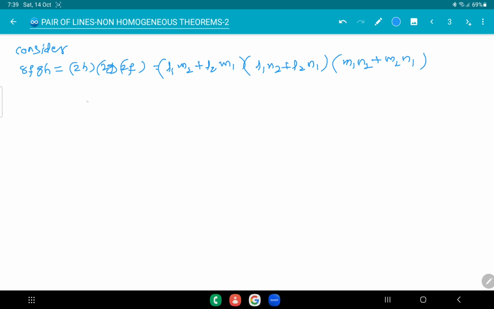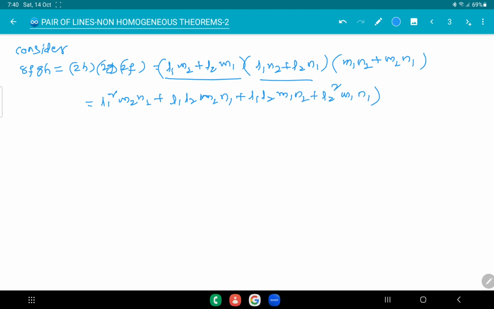We have to continuously multiply. This is equal to multiplying these two brackets now: L1 square M2 N2 plus L1 L2 M2 N1 plus L1 L2 M1 N2 plus L2 square M1 N1, times this bracket, M1 N2 plus M2 N1.